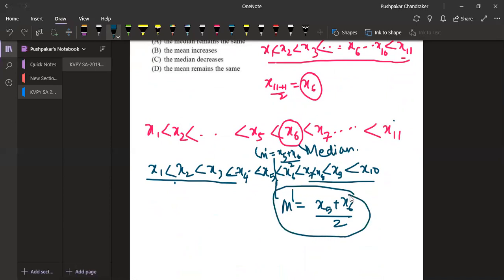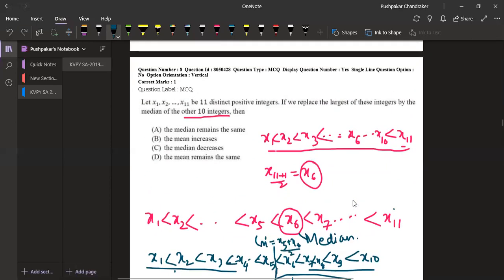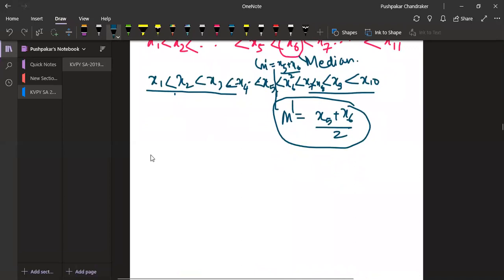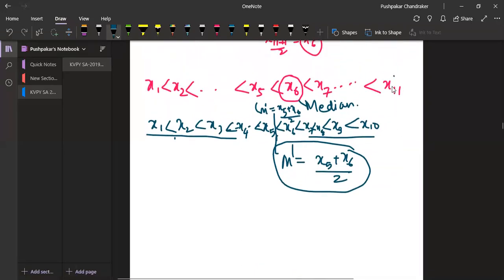Now you can notice this number is definitely lying between x5 and x6. Now what do they say after this? We replace the largest of these integers by the median of the other 10 integers, so a new set of data is created. How? We remove the largest integer, which was x11, and instead of that you write this new median.